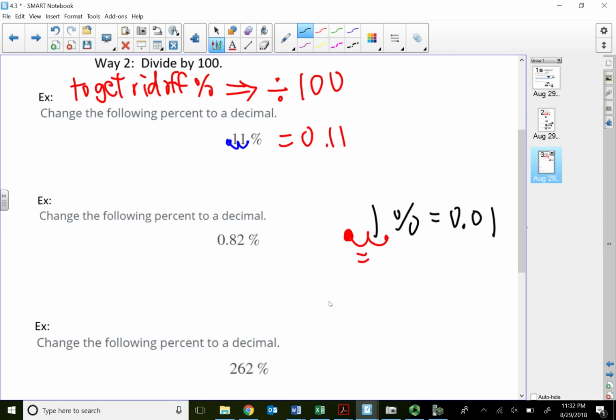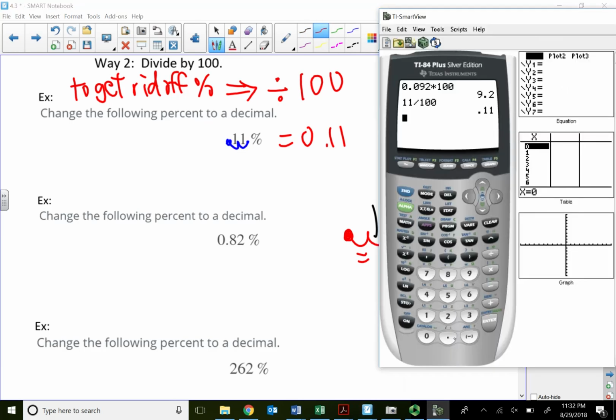This is 0.82%, so 0.82% is even smaller than 1%, which is going to be smaller than 0.01 in decimal notation.